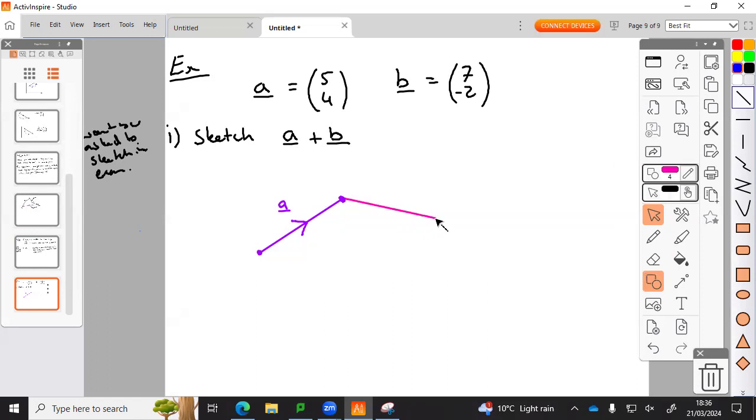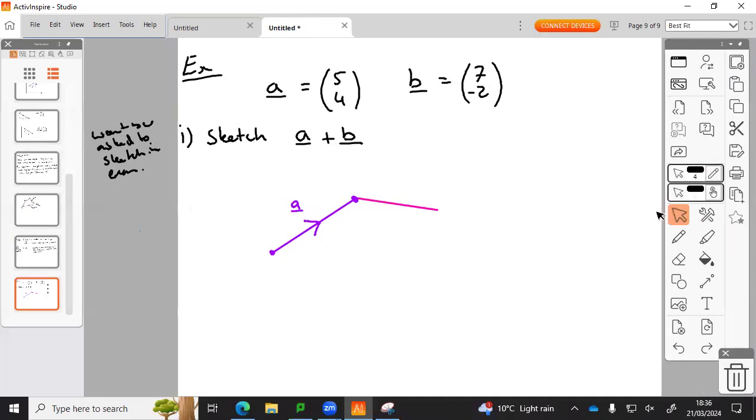Vector B goes along horizontally by 7, but down negative 2. So it sits like that. Again, it's got no really fixed point in space. It's all just relative terms, but that is B.